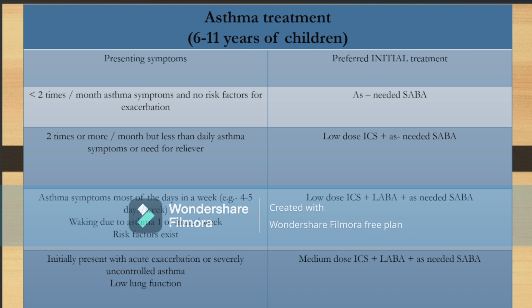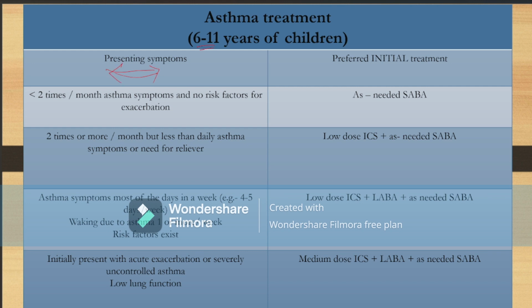Now in this age group, that is 6 years to 11 years, the treatment has 4 stages. First, we have to see the presenting symptoms and we have to tell the mother to write a diary.